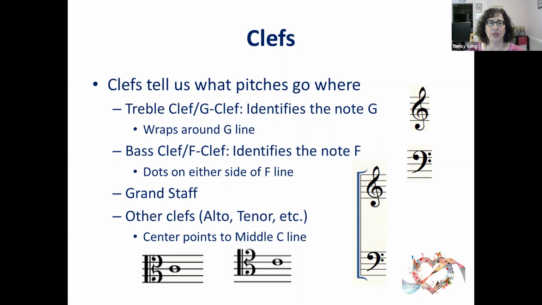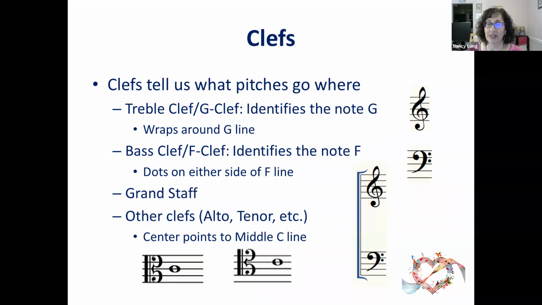The first thing that goes on the staff is a clef, and that helps us to know what pitches go where. The first clef on the top of this picture is what we call a G clef, or a treble clef.